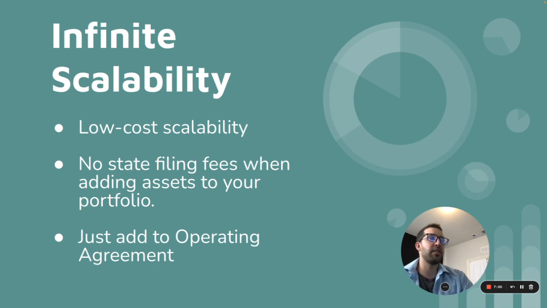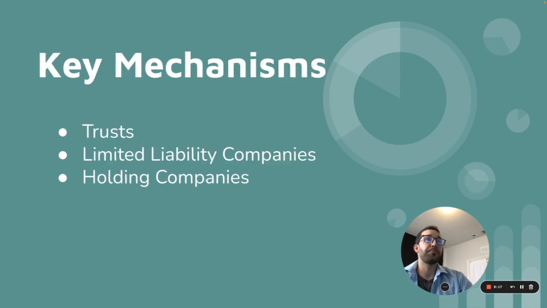It just becomes very difficult to manage, which is the whole point of having a structure in the first place, so that you can simplify all of that. So that's one thing we love using as far as series LLCs go, but also traditional holding companies that manage other partnerships, LLCs, corporations, and so on and so forth.